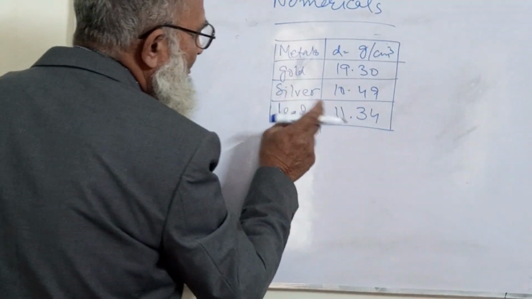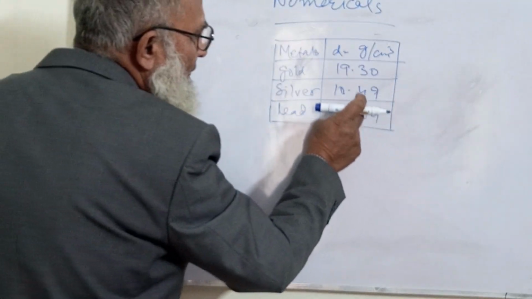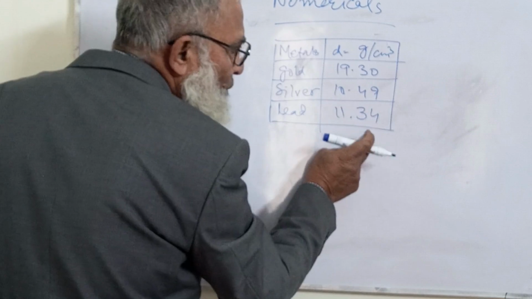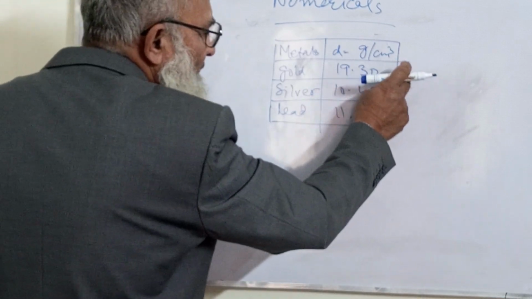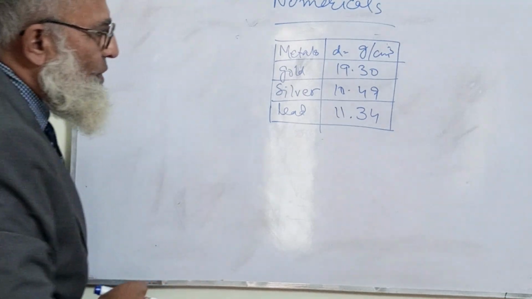You can see that this is the less dense material, this is a little more dense material, and this is the heaviest material. Gold is the heaviest of all.